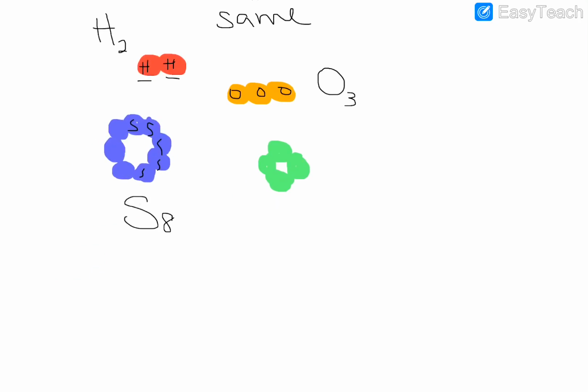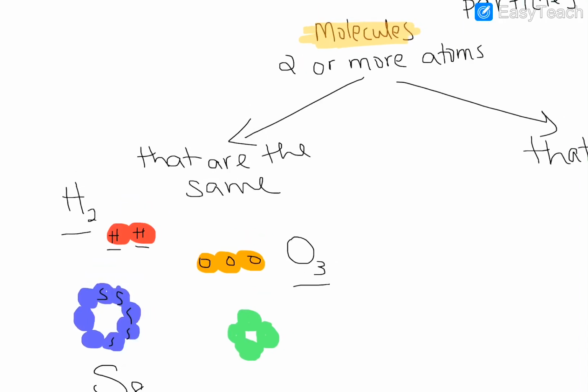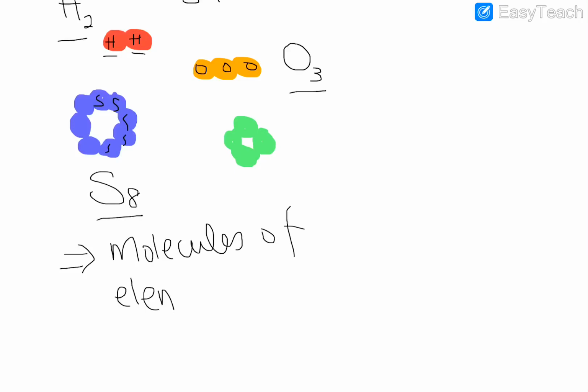Okay, so these are molecules, but these molecules have the same element. They have the same type of atoms that make them up. Because they contain 2 or more atoms, yes, they are molecules, but they are molecules that are elements. So they are molecules of elements.